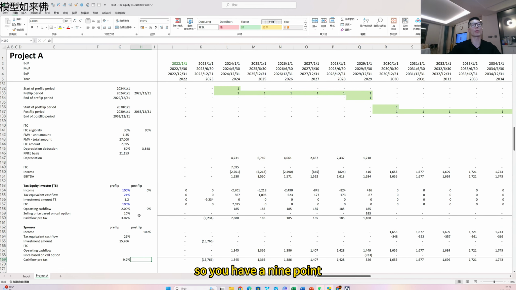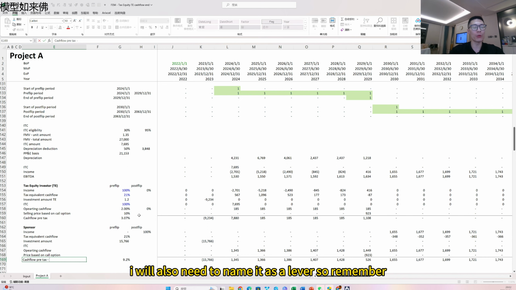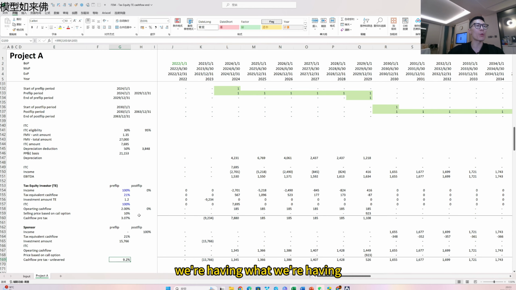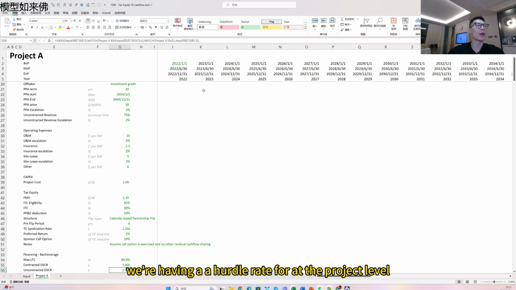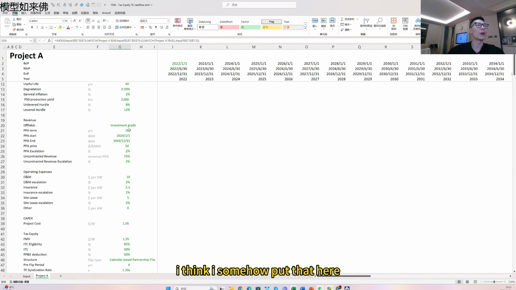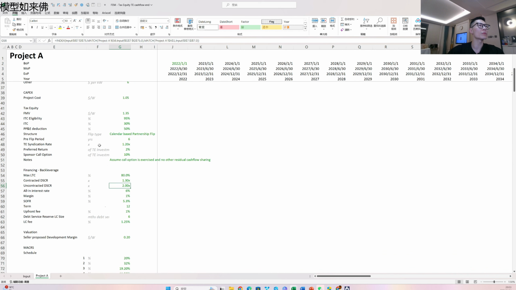So you have a 9.2% IRR at the project level pre-tax. I will also need to name it as unlevered. Remember, we have a hurdle rate at the project level.